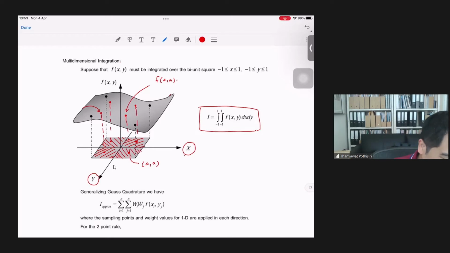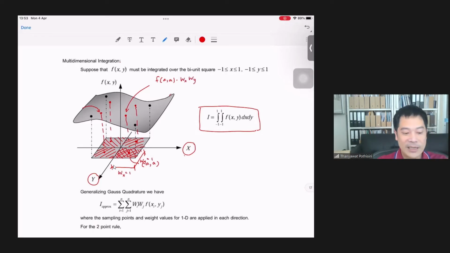I multiply it with this area, the small area of this quarter, which would come from this part multiplied with this part. So this would be my wx, wy for this quarter, which in this case would be equal to 1. So this is for 1 quarter.